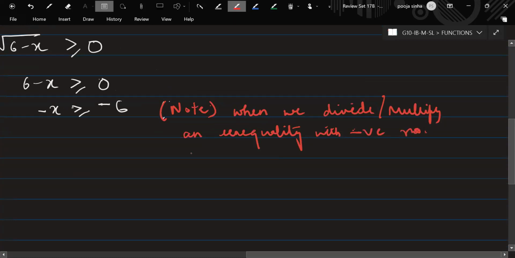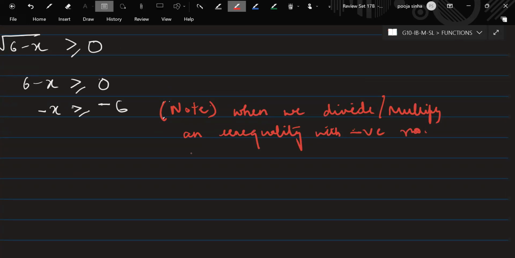What's an inequality? This equal to or greater than sign. Just write this note first, I'll explain what it means.